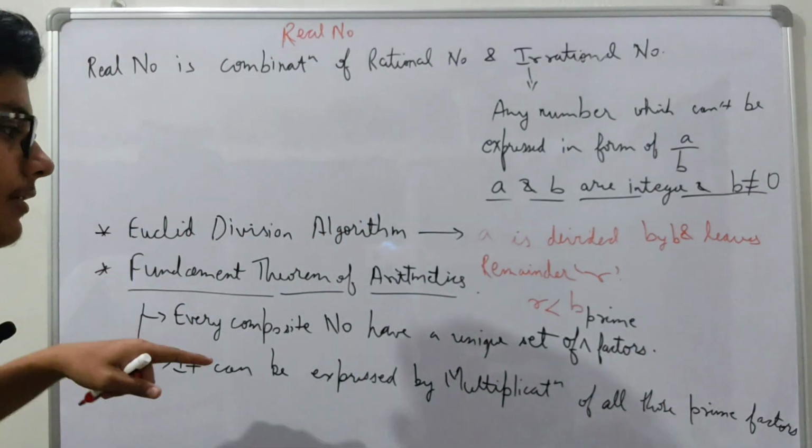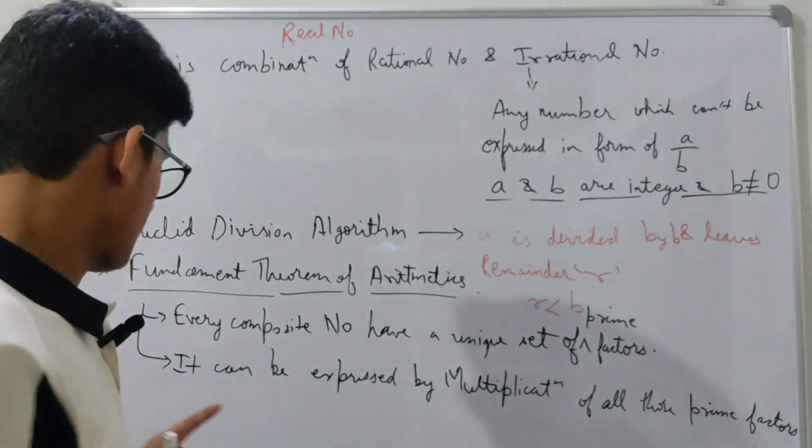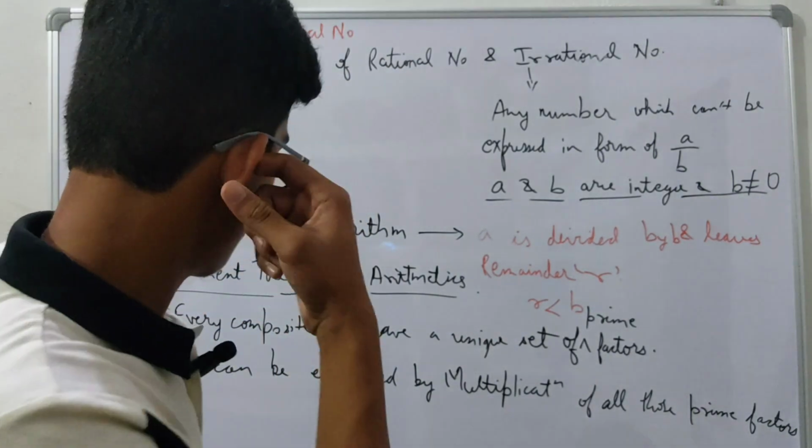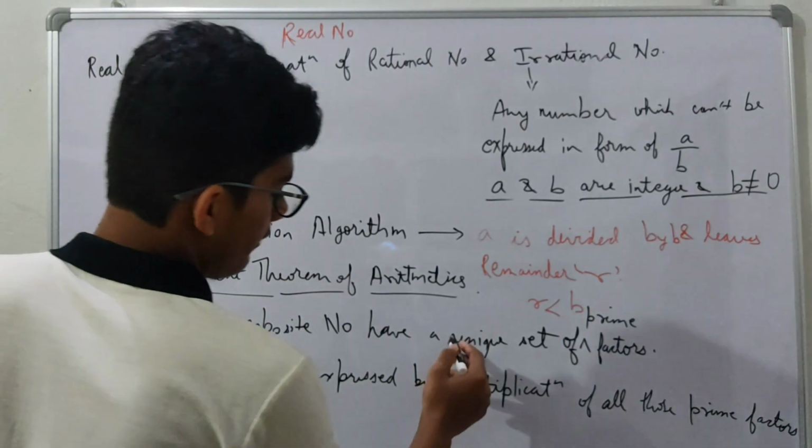It says that every composite number has a unique set of prime factors, and it can be expressed as a multiplication of all those prime factors. So here the main word is this: unique.